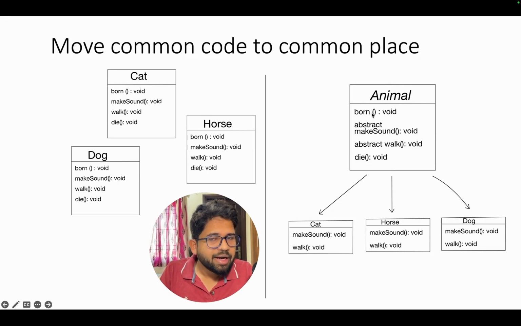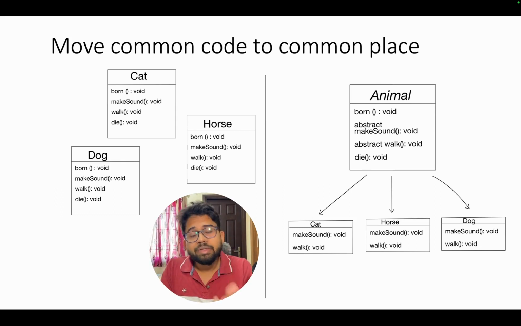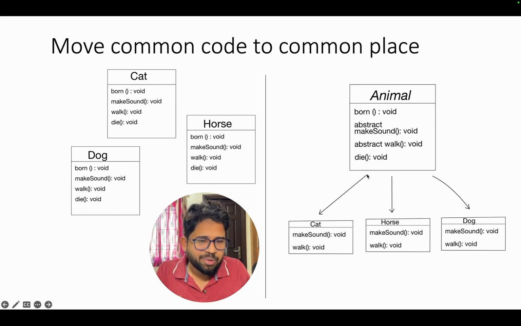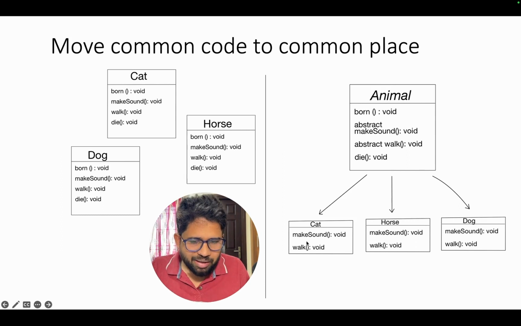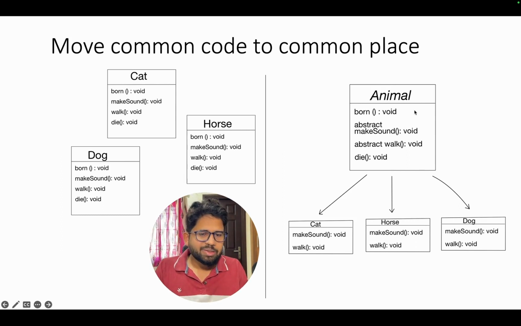We will create a method named born. We will create a method named die. And then we will write the set of instructions or the whole function definition in this particular method of born as well as die. The different part, the thing which is different, will move to the subclasses. We'll talk about this subclass and the superclass, but the short definition is that cat is an animal. So cat would be subclass of animal.